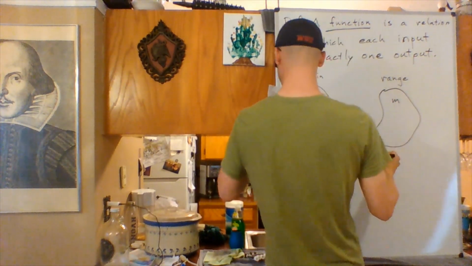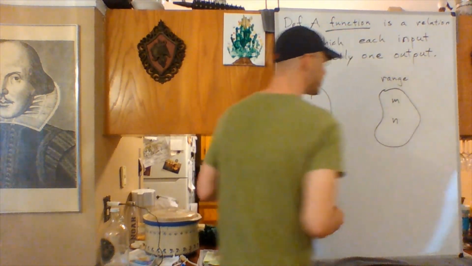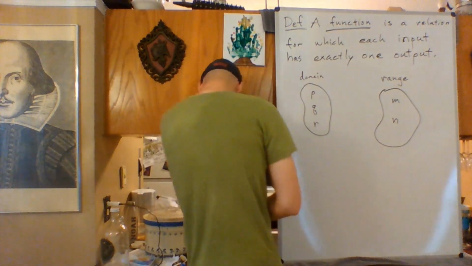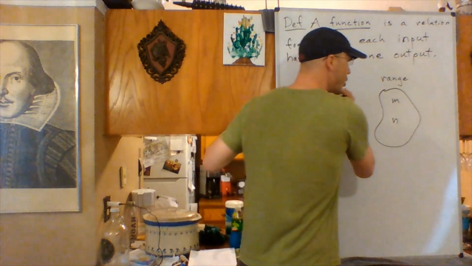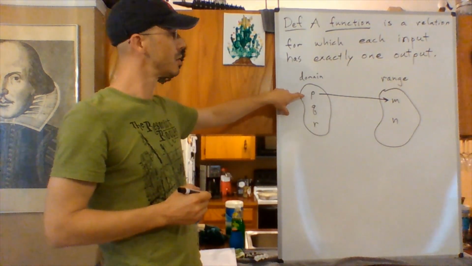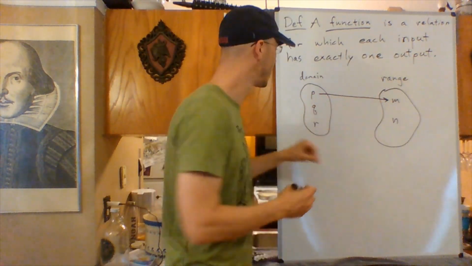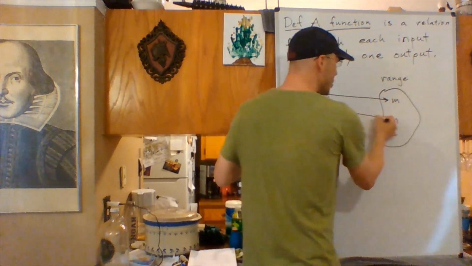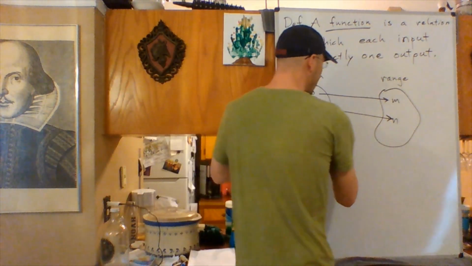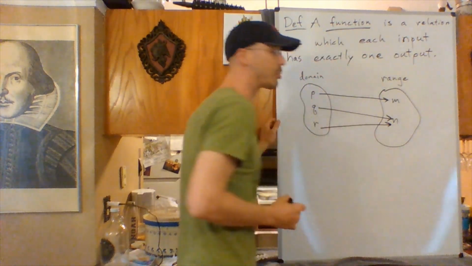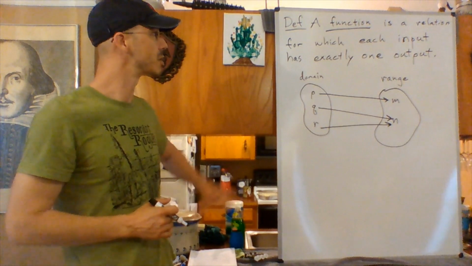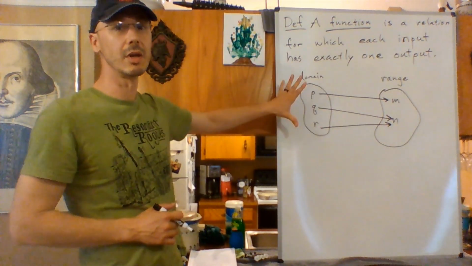And M and N are the outputs. And the function itself tells me that the input P corresponds to the output M. The input Q corresponds to the output N. And the input R corresponds also to the output N. Now, let's look at this in light of the definition.